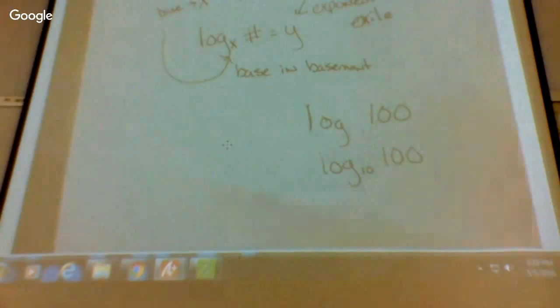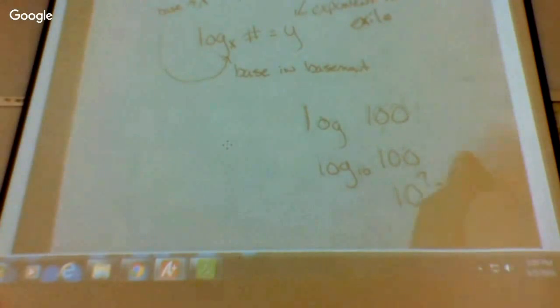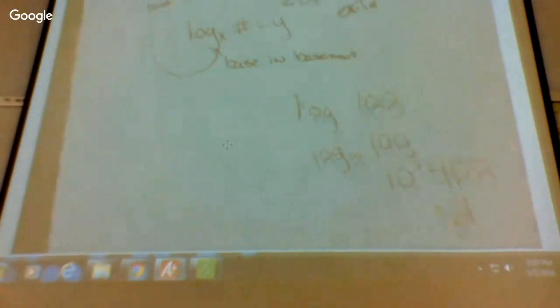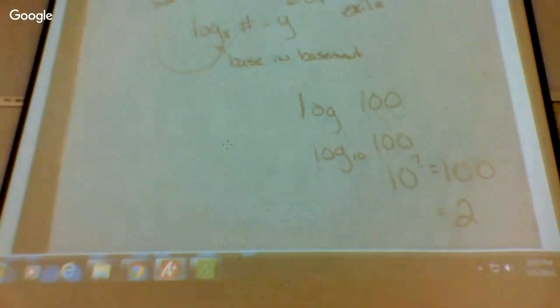Which is basically saying 10 to what power equals 100, which we know is 2. Anything else, if it is 7 or whatever, it'll actually say log base 7 of some number, instead of just implying it.